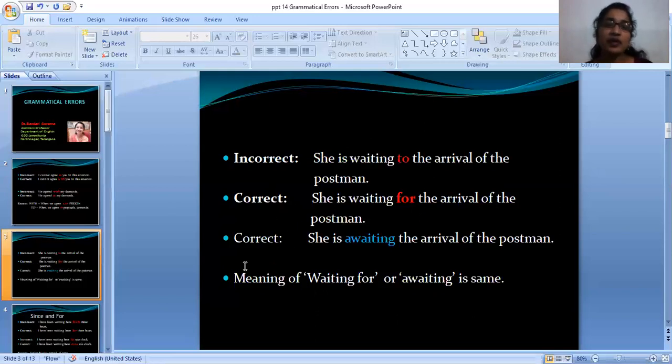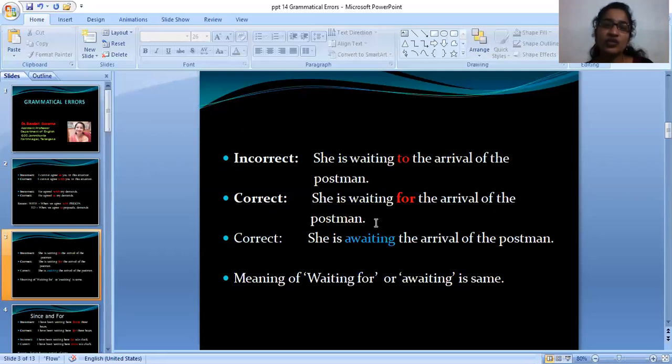And let me read one more example for you. This is also a correct sentence. She is awaiting the arrival of the postman. Now look at these two sentences. She is waiting for the arrival of the postman. The same sentence can be written without any change in the meaning, without using a preposition also. So how can we say that she is awaiting the arrival of the postman? Here we have used awaiting instead of waiting for.